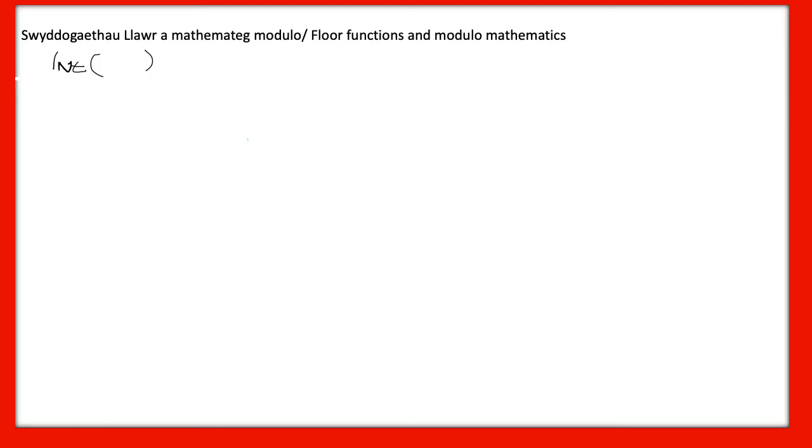But in fact, if I want the floor part, it makes a very strange graph, because anything between 0 and 1 comes out as 0. Anything between 1 and 2 comes out as 1. Anything between 2 and 3 comes out as 2. Anything between 3 and 4.